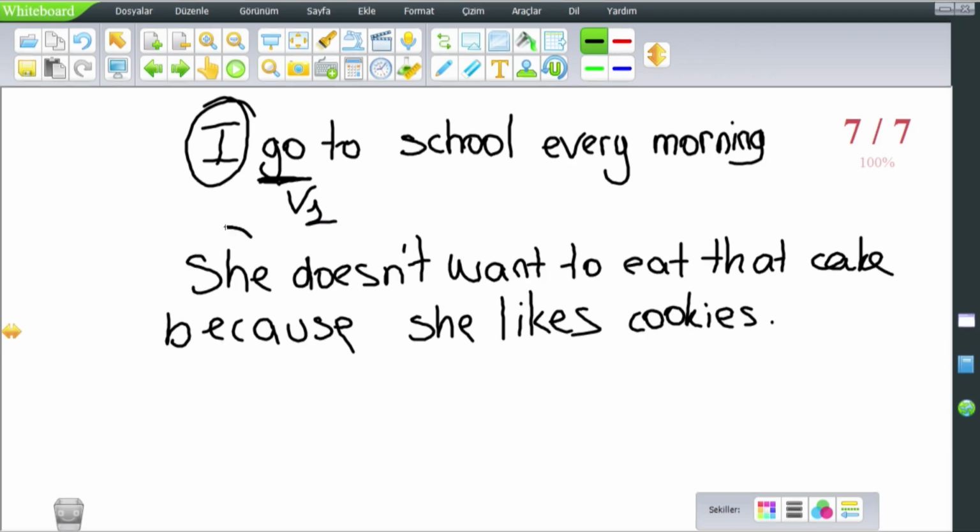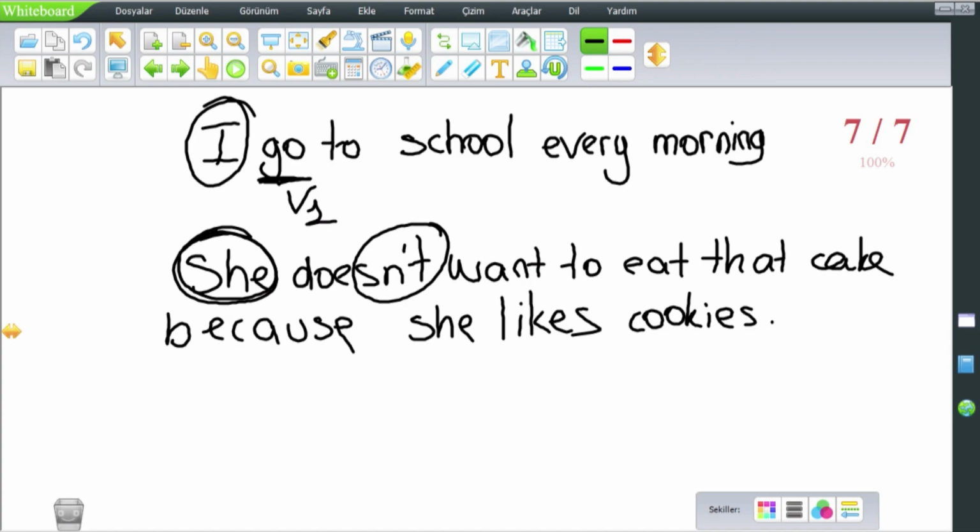My subject is she. And o pastayı yemek istemez diyeceğiz. Since our subject is she and this is a negative sentence, I use doesn't.